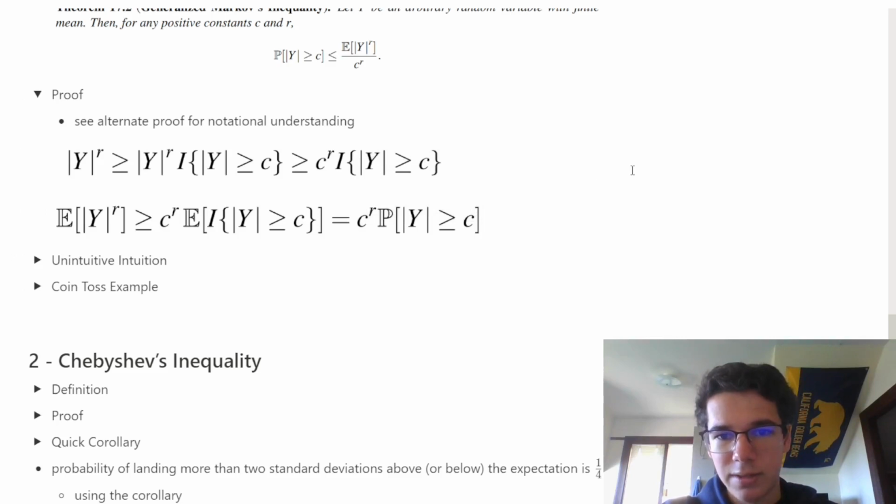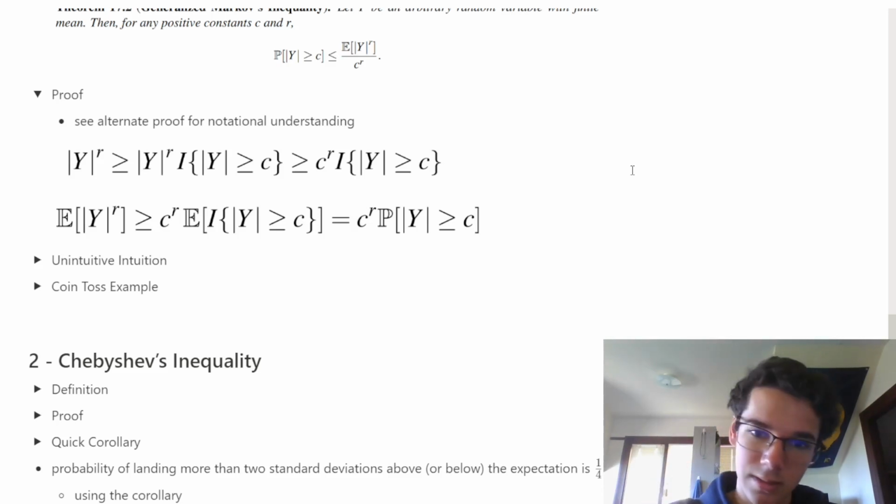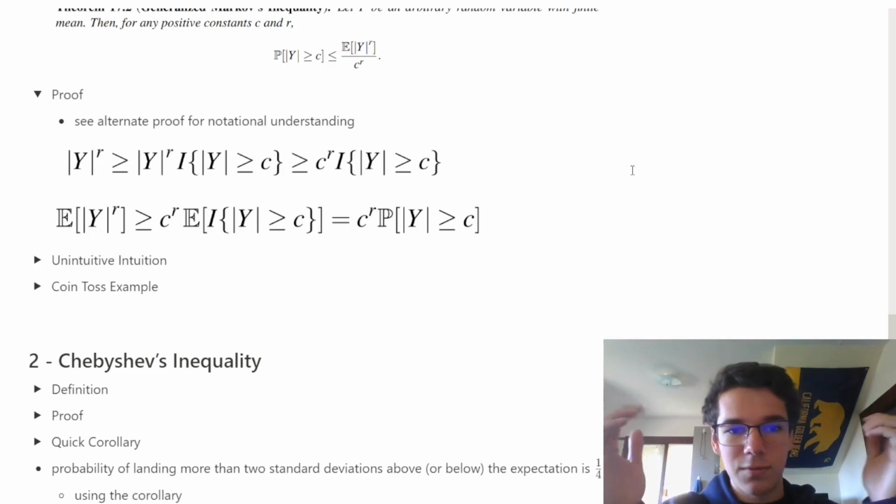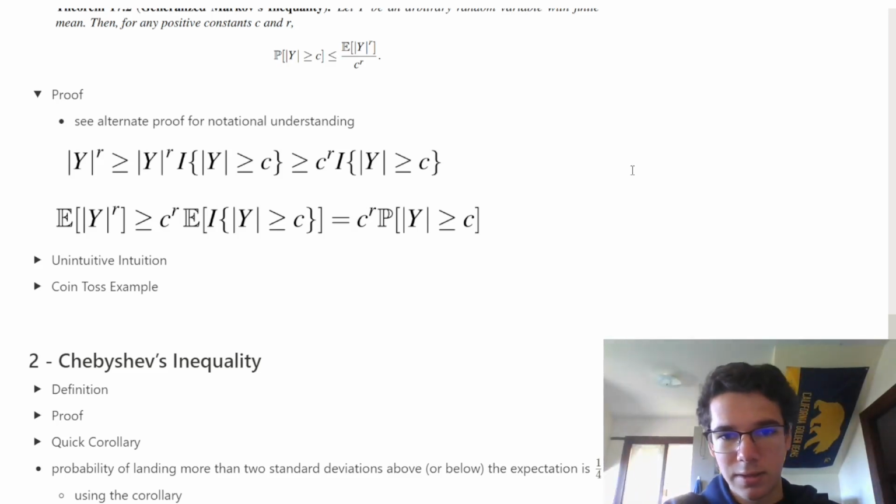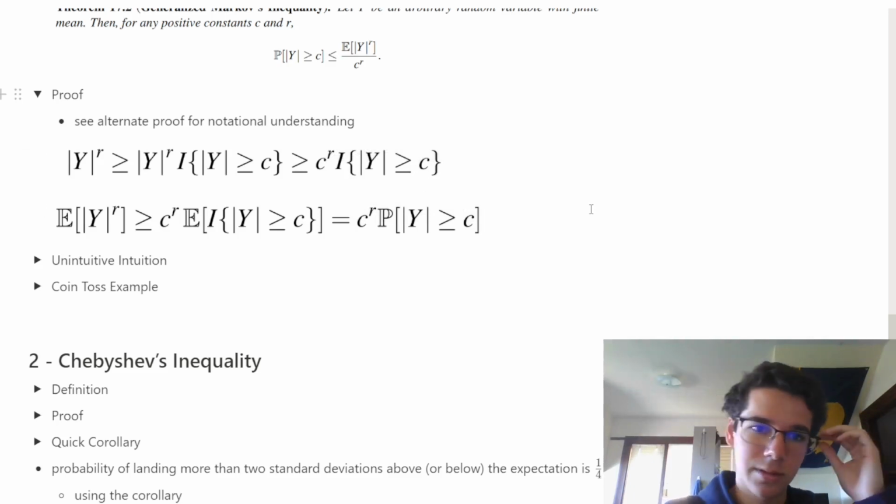Is the absolute value of y greater than or equal to c? If this is true, then it's definitely true that the absolute value of y to the r is greater than or equal to c to the r. And if this is not true, then this becomes 0, and the absolute value of y to the r is greater than or equal to 0.